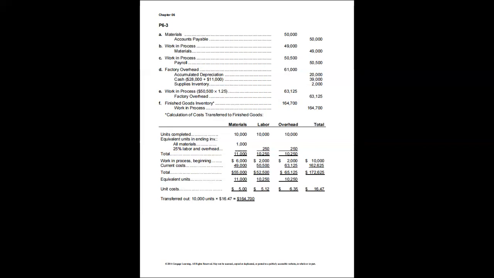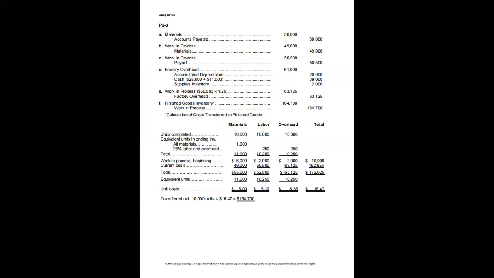So for the work in process beginning, we are given the amounts of 6,000 materials, 2,000 labor, 2,000 overhead, the total of 10,000.